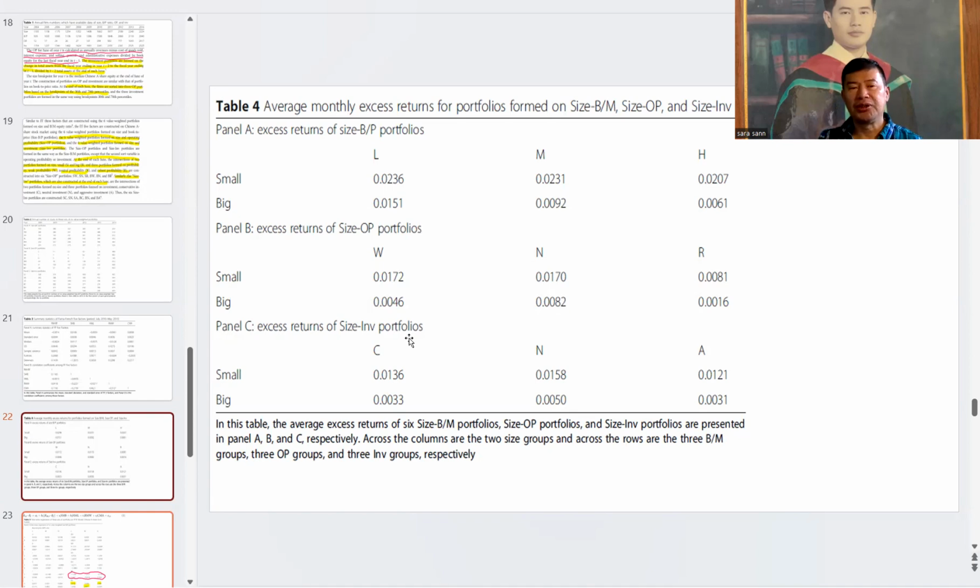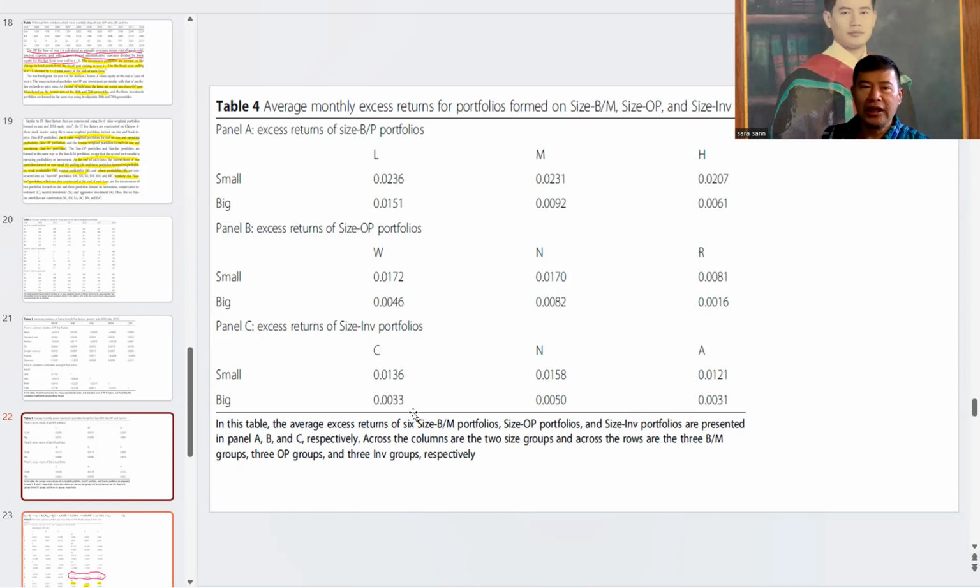What about the size to return on investment? For the size to return on investment, if small size to conservative or low return on investment, you will get an excess return of 1%, and the same 1% again. But for big size to return on investment, no matter whether conservative, neutral, or aggressive, you get 0.3.